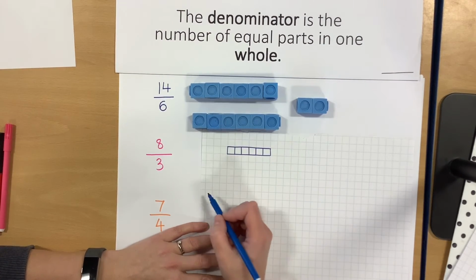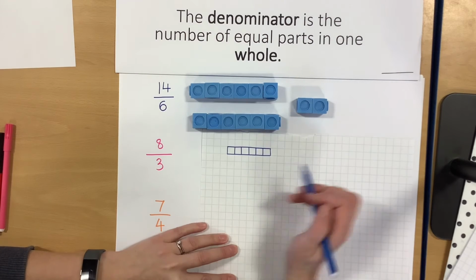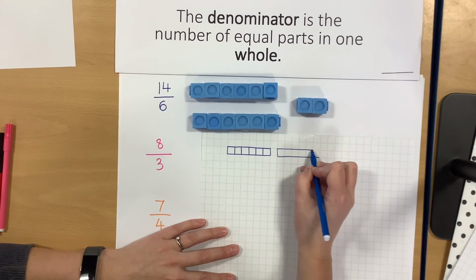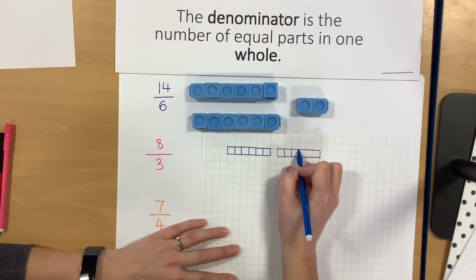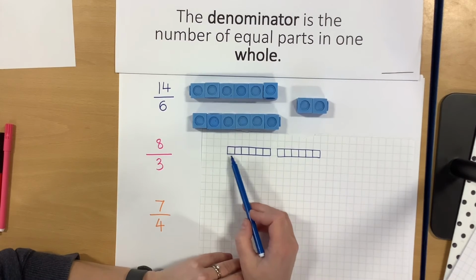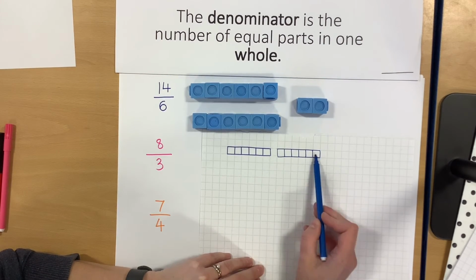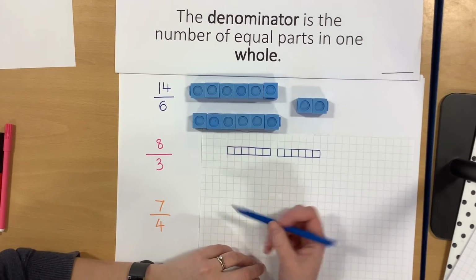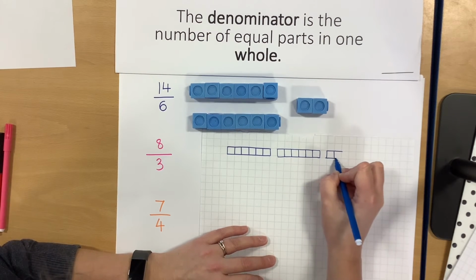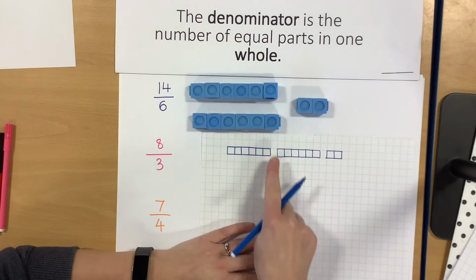So far I've got 6 sixths. I need 14. So I'm going to draw another whole like this. And again, it's split into 6 equal parts, so I'm using the squares on the paper to help me. I've now got 12 sixths. Still haven't quite got enough. So I'm going to do 2 more, but that looks exactly like this.